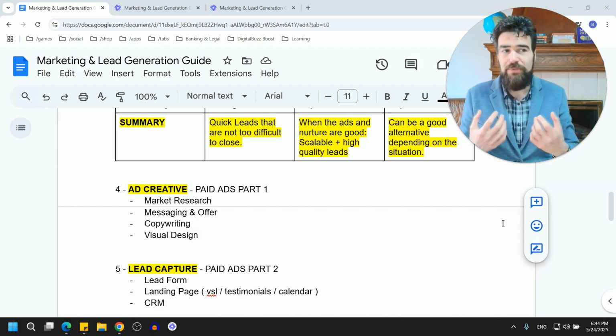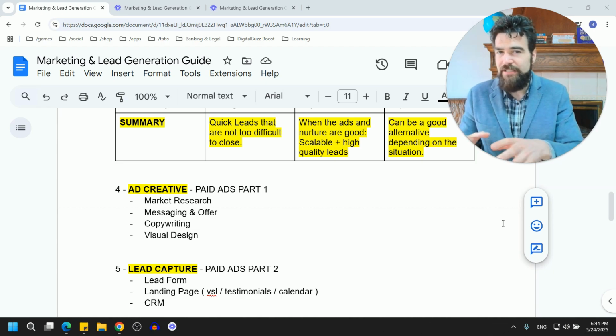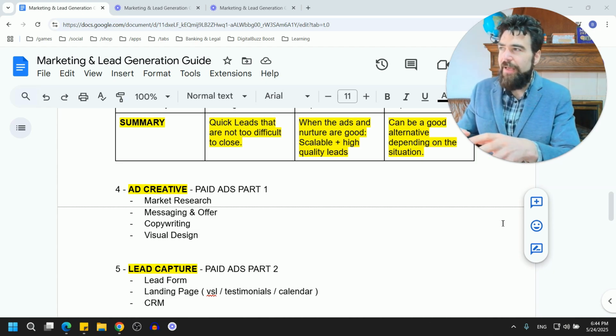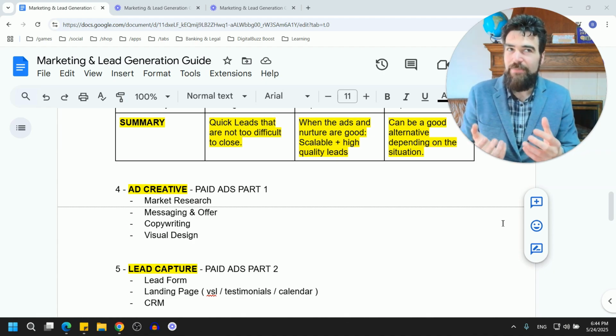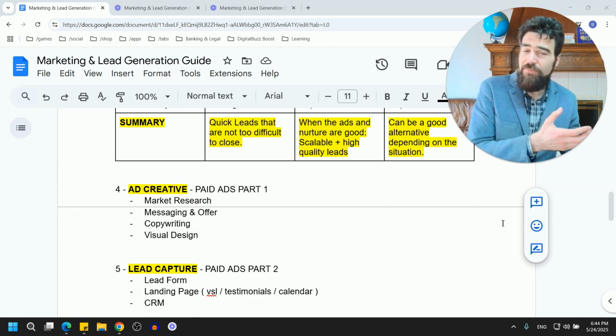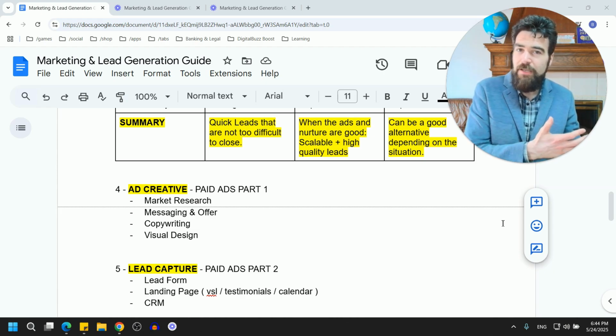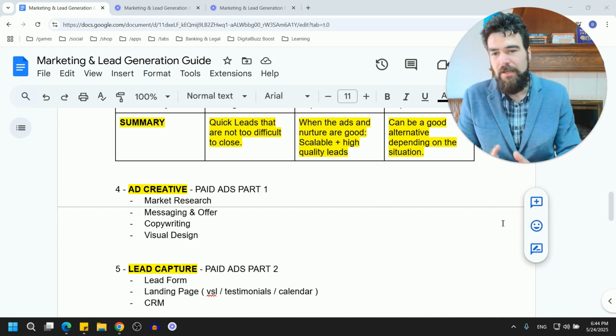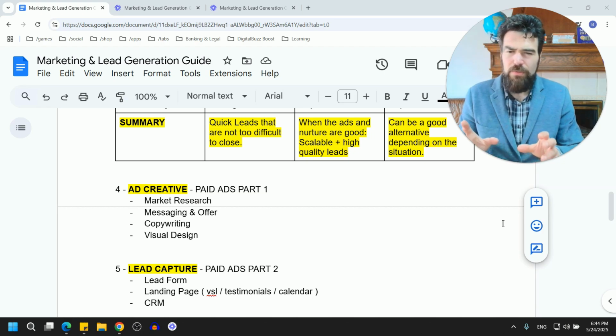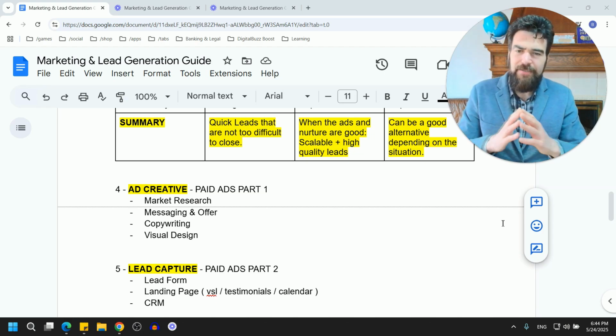You're trying to really play more to the psychology and desires of people, and not in a manipulative way. I say this because some people do this and it can work, but obviously you shouldn't do that because it's not ethical. So what I want to say is the copywriting, focus on that.